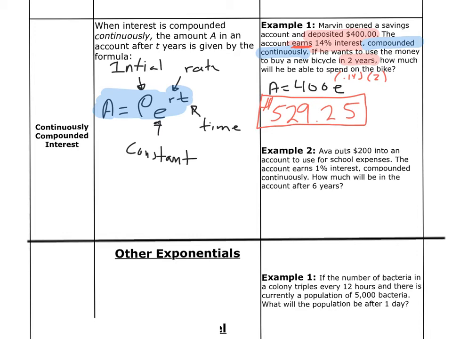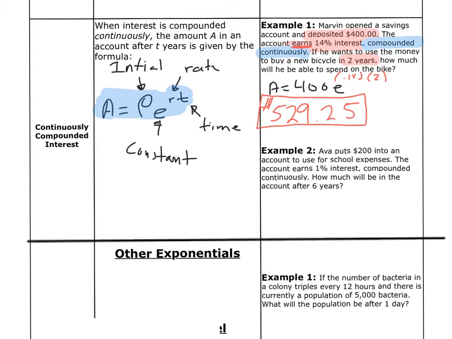Now, something to understand is that in your calculator, you actually have the e function built in. You're going to have to look for it. In most scenarios, it's located on the left-hand side of the TI-Nspire, if I'm not mistaken.